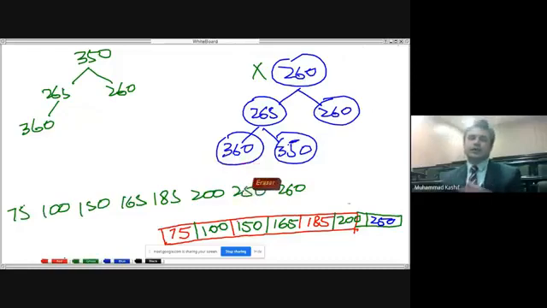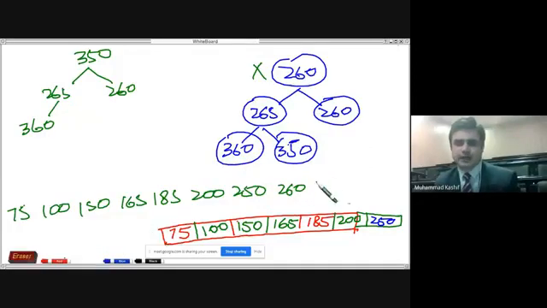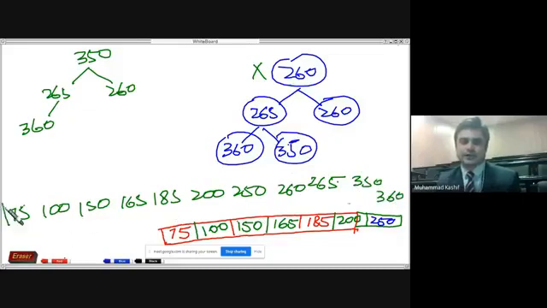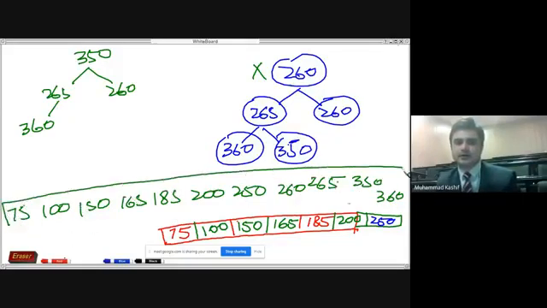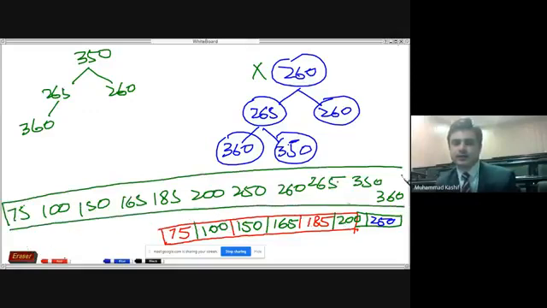So you will observe after 260 we will have 265, then we can get 350, and then we can get 360. So the array is basically sorted in this way, right? The array is sorted in ascending order.